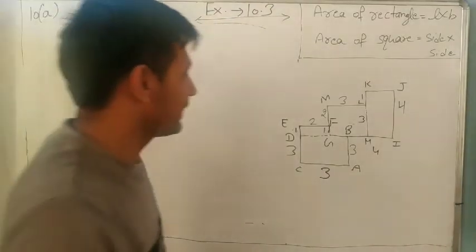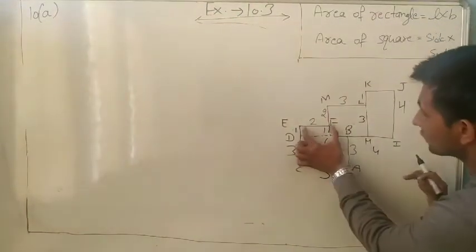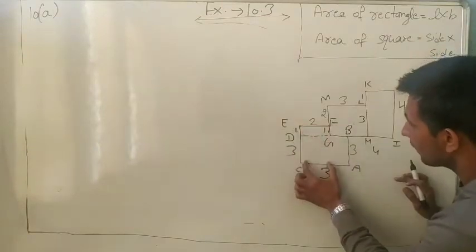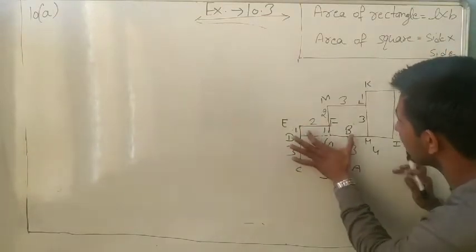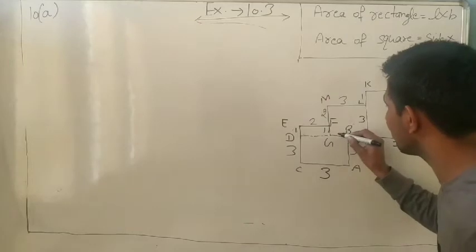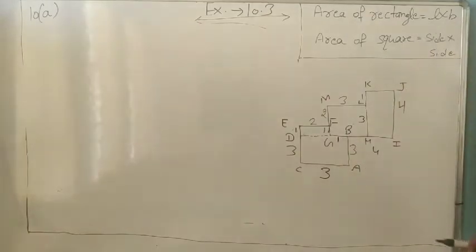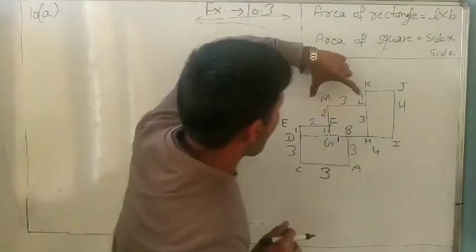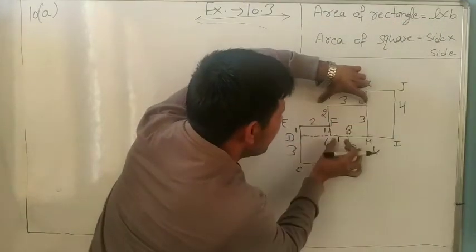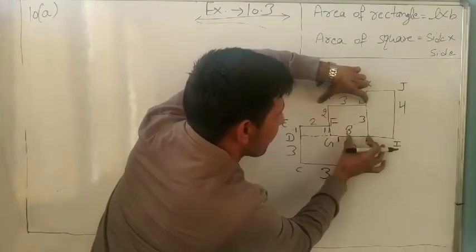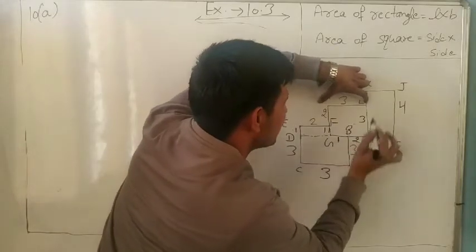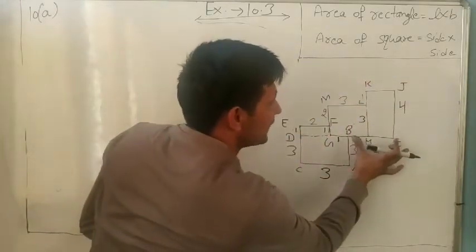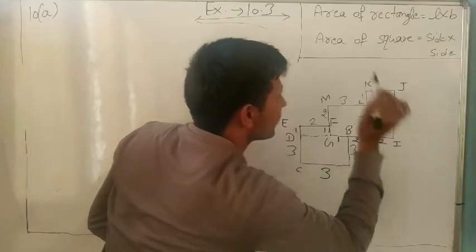And now tell me, it is 2 here and the total is 3, so the remainder is G to B, which is also 1. And now M to L is 3, it is 1, so B to H is how much? It is 2. And the total is 4, so it is also 2.